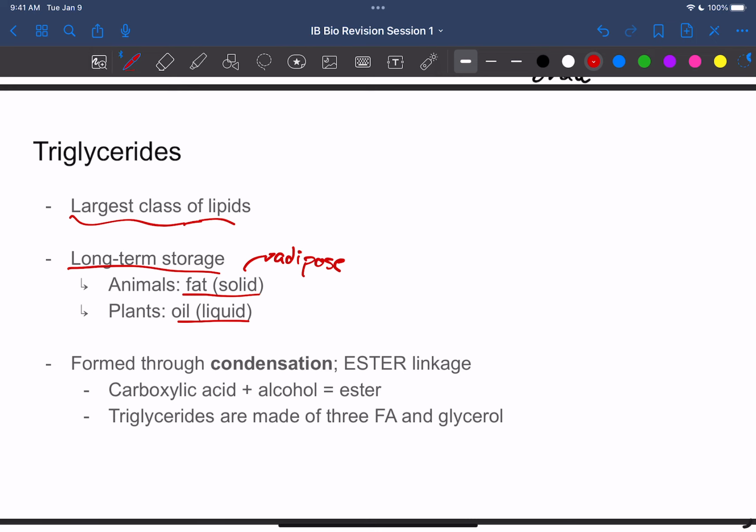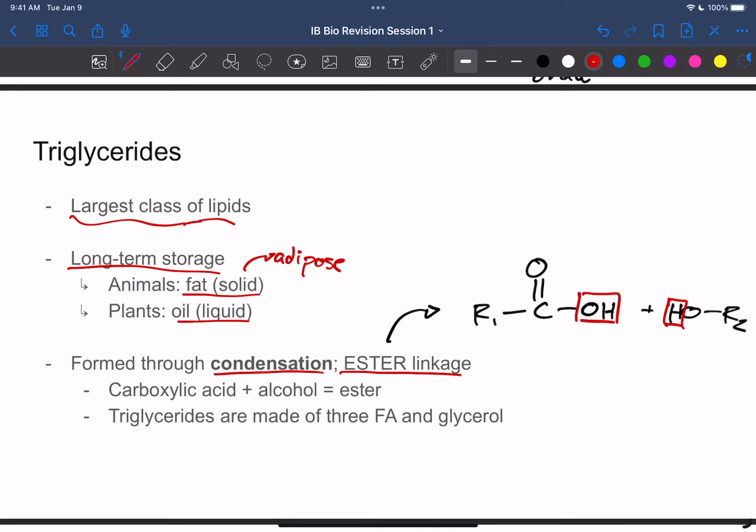So yeah, triglycerides themselves are formed through condensation. And this condensation creates something called an ester linkage. What is an ester? Well, R1, C, we have our carboxylic acid group. Let's add an alcohol. What's going to happen?